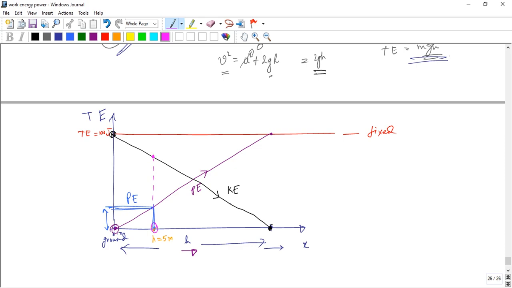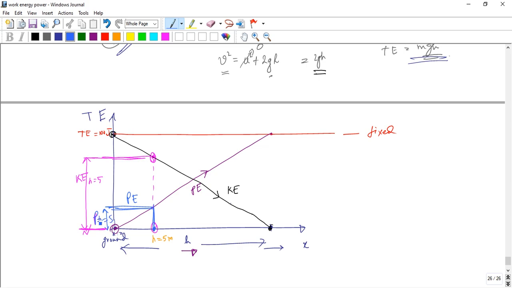At that point the kinetic energy is this energy, and at the ground it is maximum. Now, at that point h equal to 5, suppose the potential energy at that height is P.